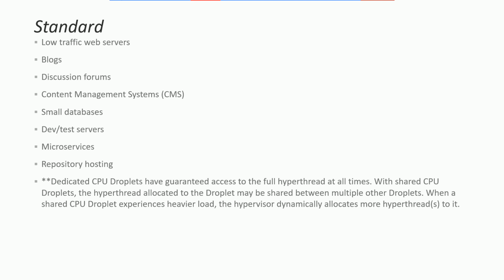So sometimes when the load increases, your droplet may not perform as well as it would have with a dedicated CPU, because there a hyperthread was reserved for you, and you were able to use it whenever the need arose. But here it may struggle a little, but still the performance is much better. I haven't seen many issues for small kinds of work. That's why standard is there. It's also good for testing purposes.